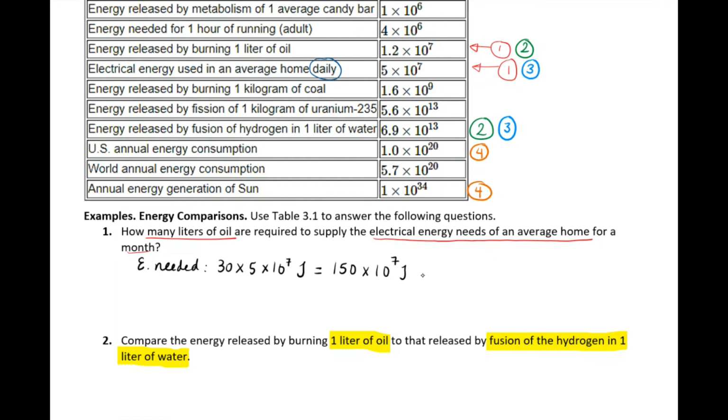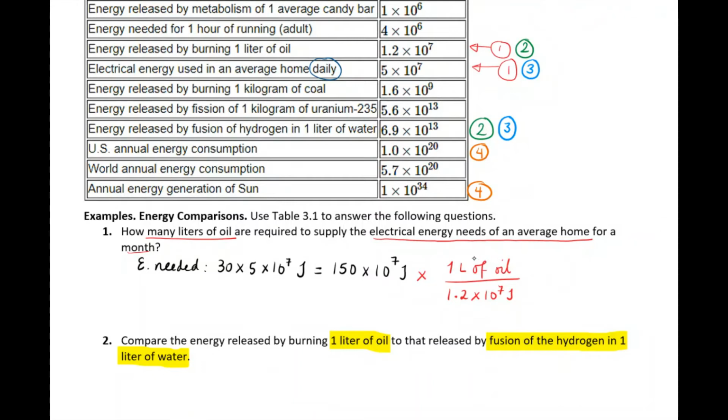I can write a fraction, in a different order because I want to convert it into liters of oil: 1 liter of oil produces an energy of 1.2 times 10 to the 7 joules.